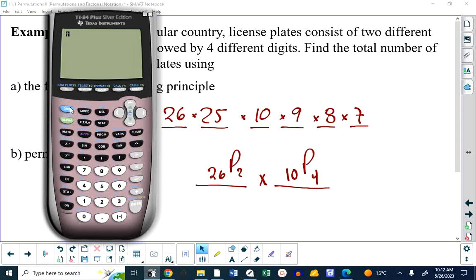As a teacher, I can't stand that because you can't see what I've just typed. Okay? So it's 26P2 times 10P4. And you don't need brackets. I know the spacing makes it look like maybe the calculator is going to multiply 2 by 10. It's not. That's it.